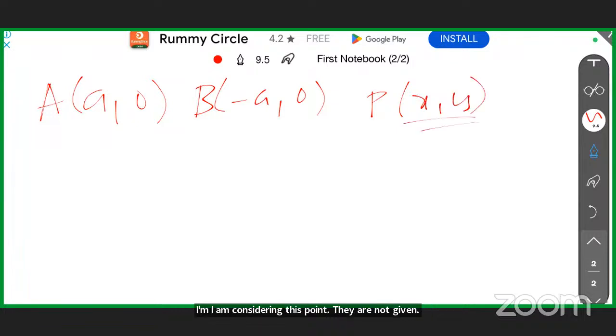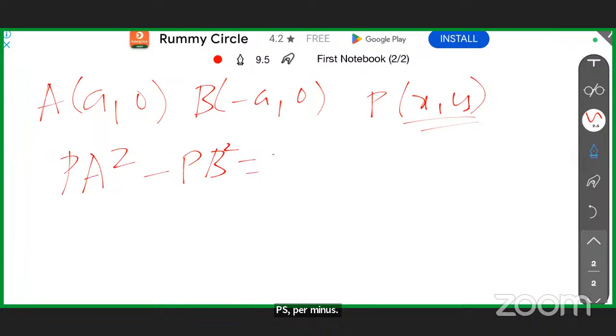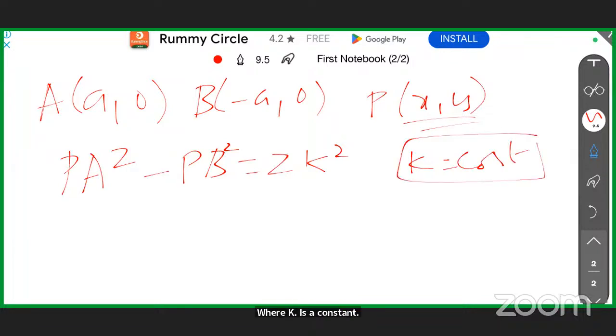They have given the condition of this point P. It satisfies the condition PA square minus PB square is equal to 2k square, where k is some constant. Now I have to find the equation of the locus of this point P.